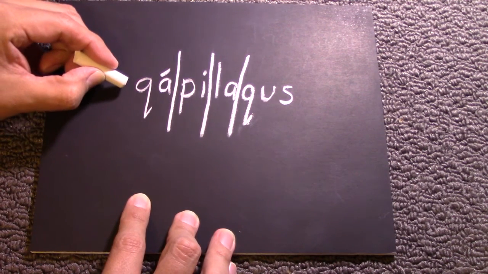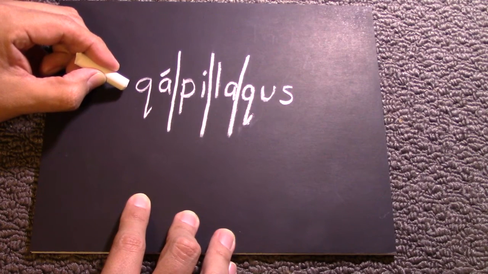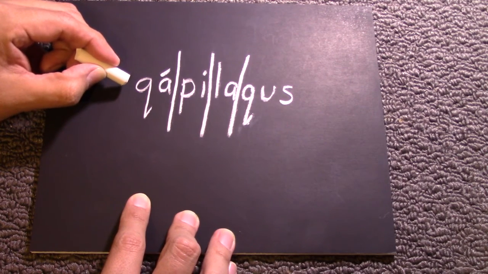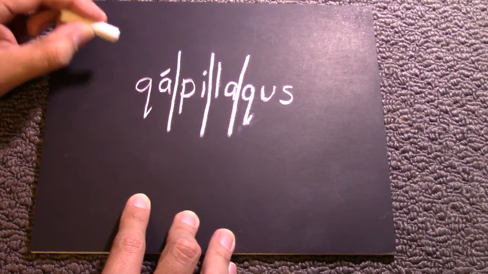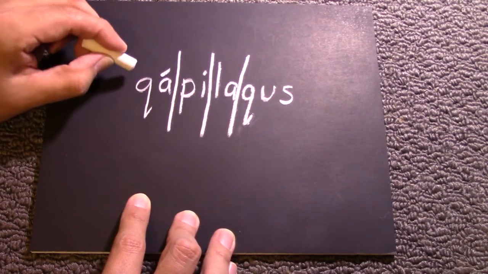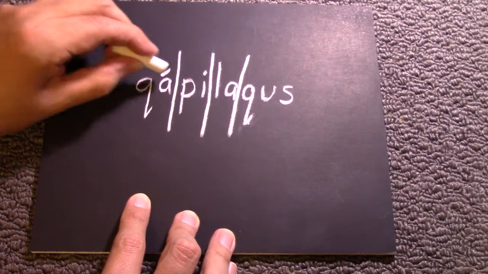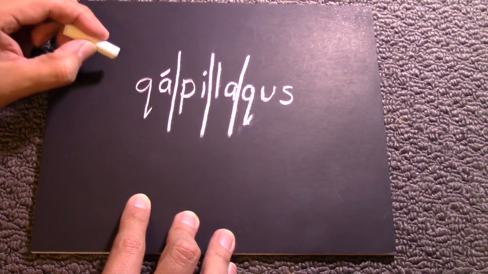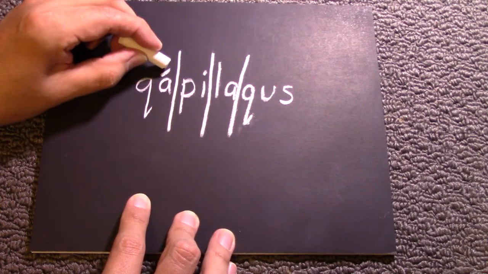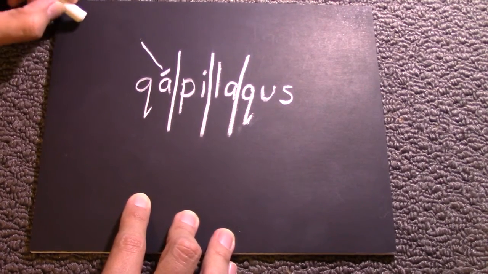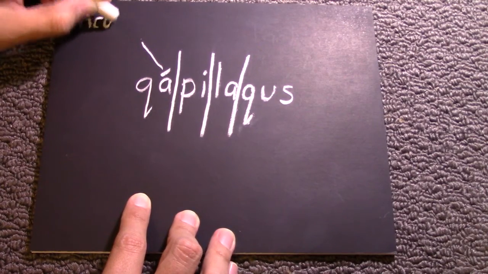To start things off, we have the letter Q, which makes kind of a k sound. Then we have an A, which makes kind of an ah sound. So together they sound like ka, like a crow. This symbol over top of the A is called an acute accent.